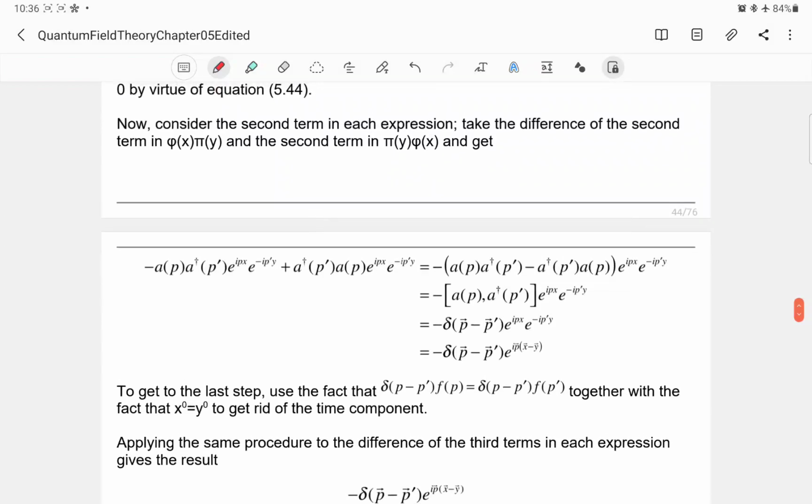The second term will be just this one, and since you have this as your factor in the calculation, and this is just equal to the continuous delta function of p minus p prime, you have this one.